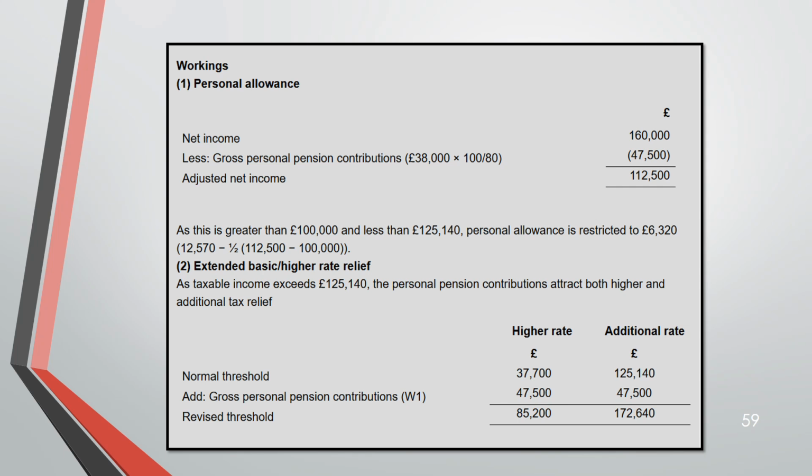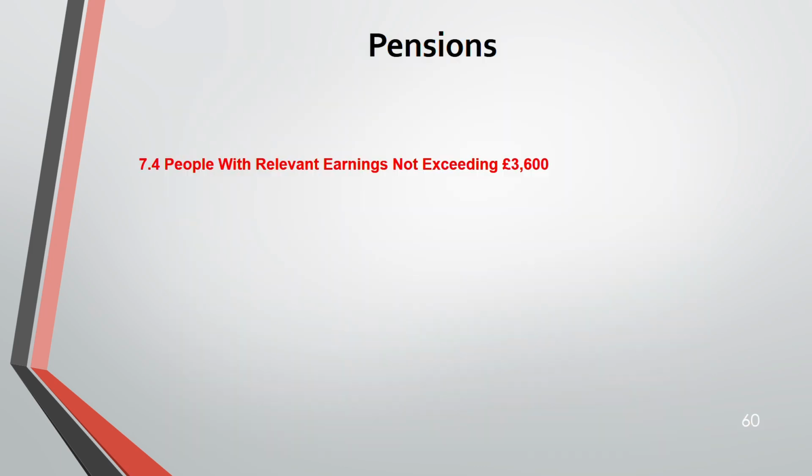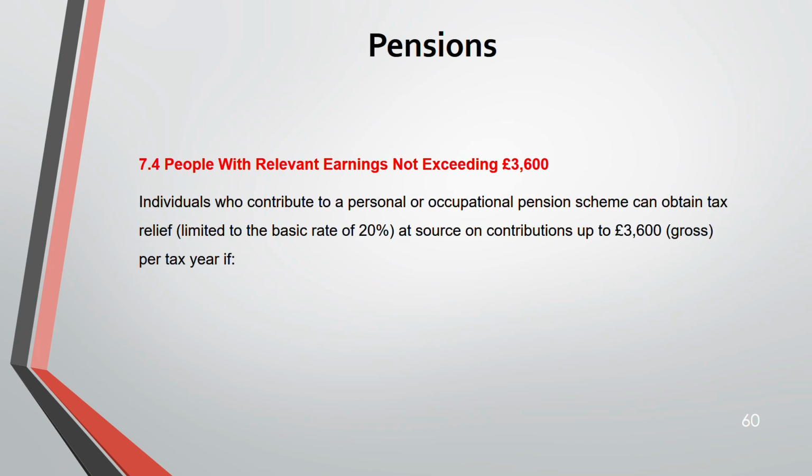Now here are the workings I've done for personal allowance and extending the basic and higher rate. Next we are moving on to people whose relevant earning is less than 3,600. Individuals who contribute, whether to personal or occupational, can get tax relief, which is limited to the basic rate at 20% at source on contributions up to 3,600.